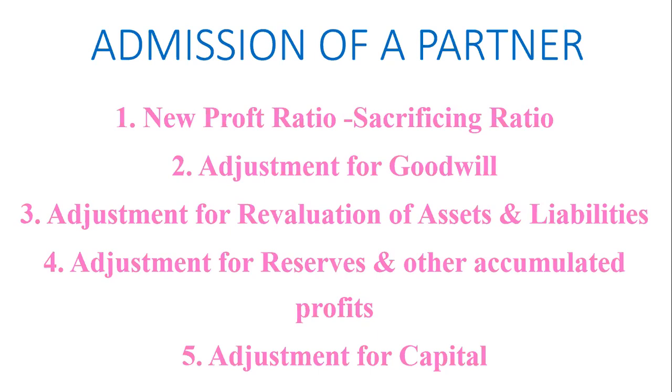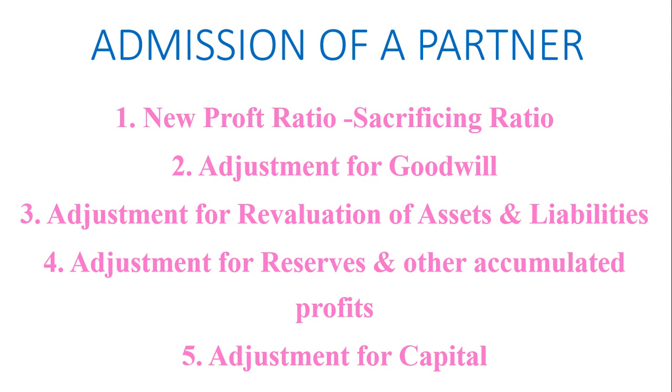The new partner may also bring some value of goodwill, the amount of which is adjusted or identified by the existing partners in the computation of the old value of goodwill that is existing in the business.